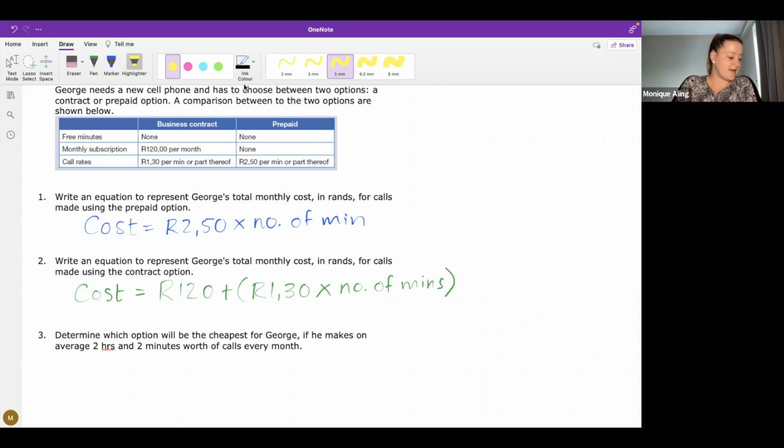Okay, so I see a lot of answers for the prepaid option, what the cost will be for prepaid. But I'm seeing different answers. Oh, Joyce, well done.